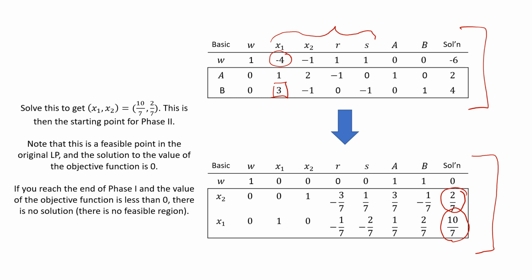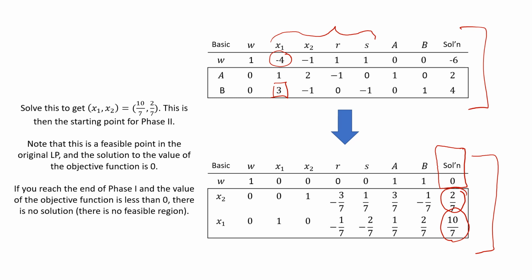Now, one thing to note here, this is the end of phase 1. The objective of phase 1 was to find a starting feasible point for your simplex method. To do that, we built the artificial variables, and we said we have to make these artificial variables equal to 0. So at this point, we have a solution after phase 1 that is equal to 0.